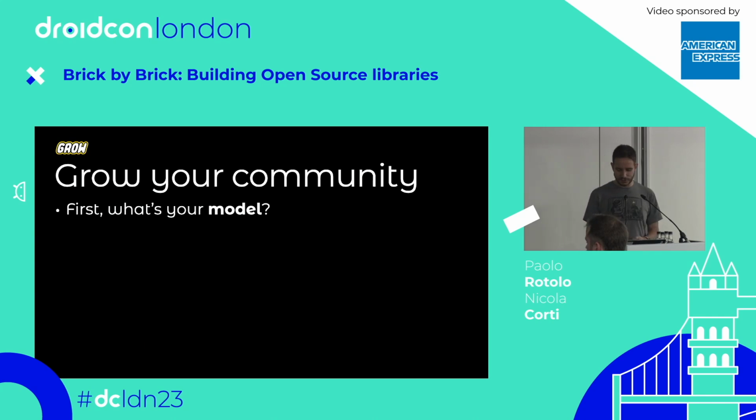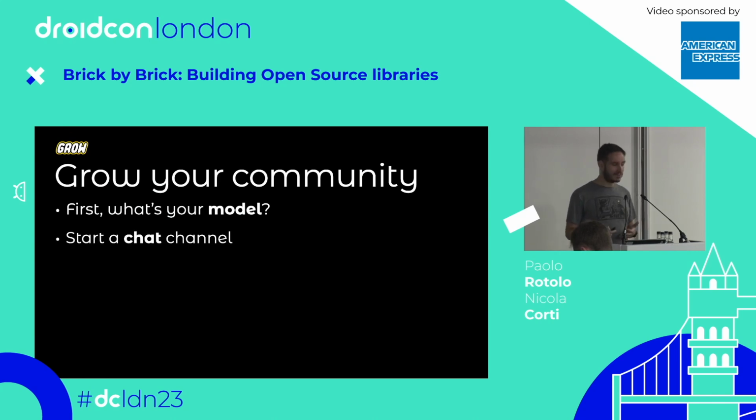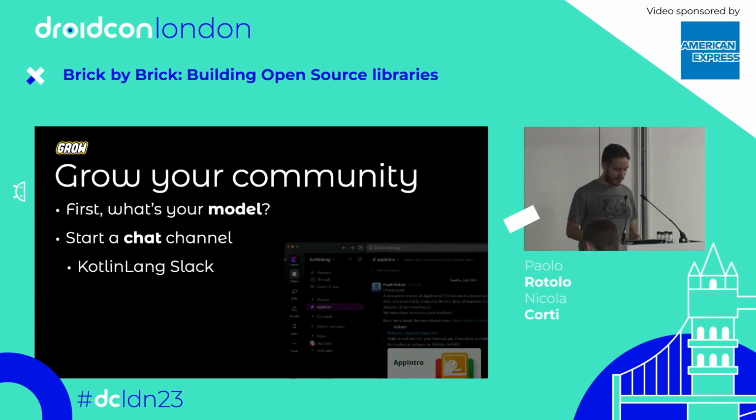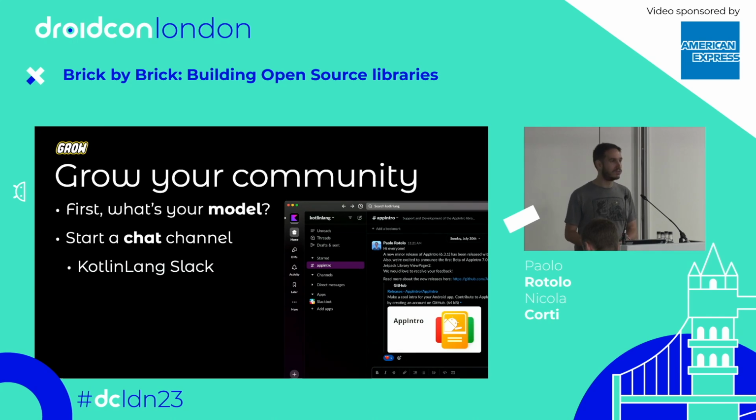But from the maintainer point of view, let's say you really want to grow your community and you want to aim for a federation kind of thing or a club kind of thing. Generally, you definitely need a synchronous means of communication, so you probably want to use a chat. There are various alternatives, definitely Slack. If you are in the Android space, you probably want to ask the Kotlin lang Slack to create a channel for your library, as we did for Arrow, or use Discord.